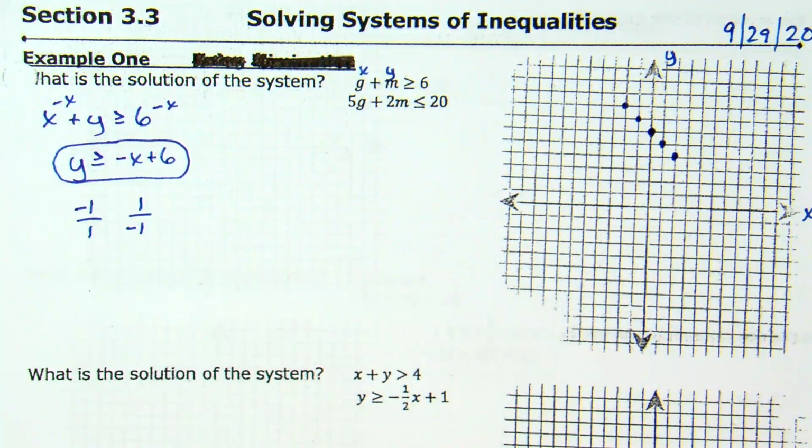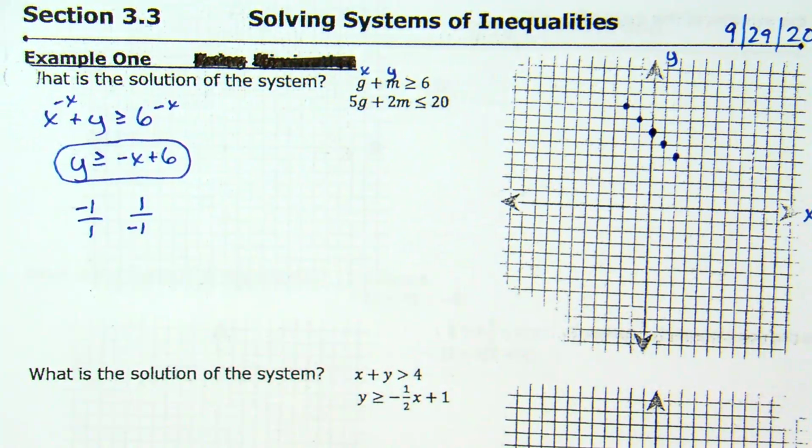The other option, depending on your graph, if it would be easier to go up, you can reverse it and put the negative in the denominator and go up 1, left 1. It can be either or. It's just not both. We good up to this point?